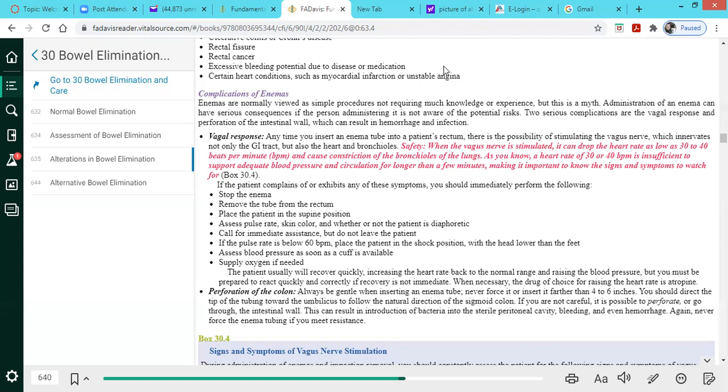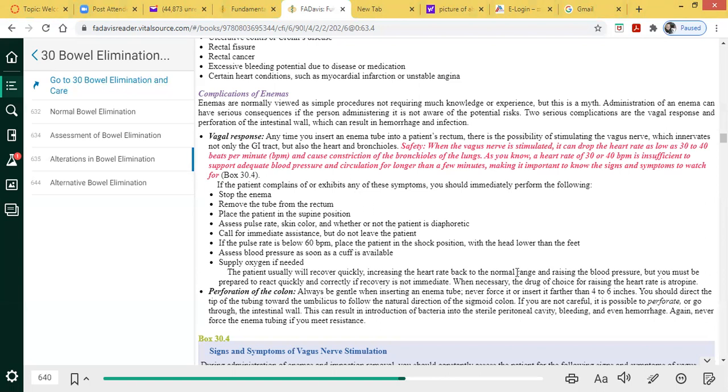Remove the tube from the rectum, place the patient in supine position, and assess the patient's pulse rate, skin color, and check to see if the patient is diaphoretic. You want to call for assistance, and of course, if the oxygen level is low, you want to administer oxygen.